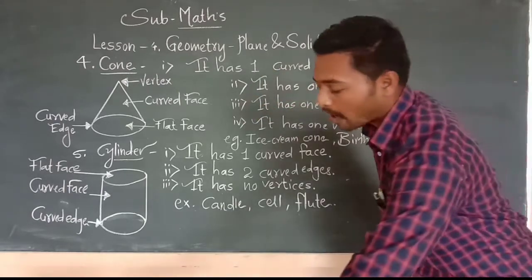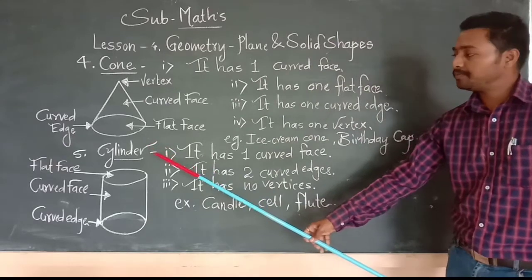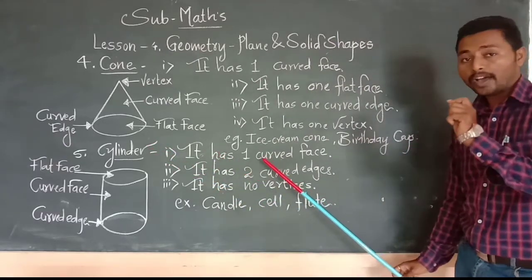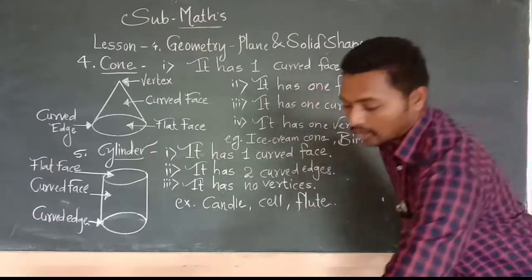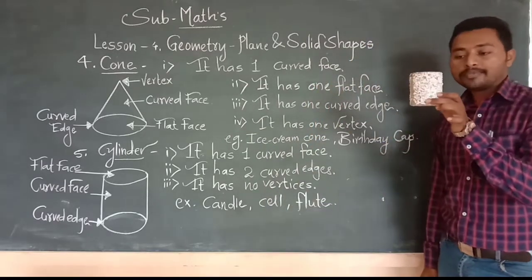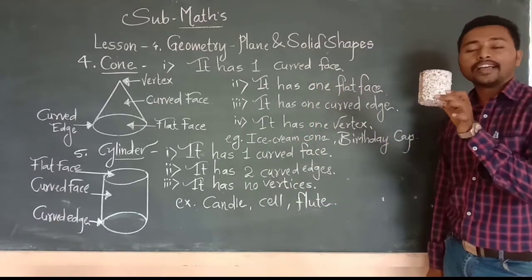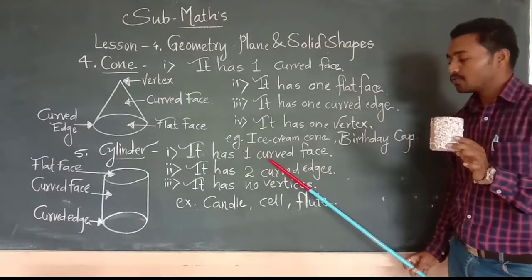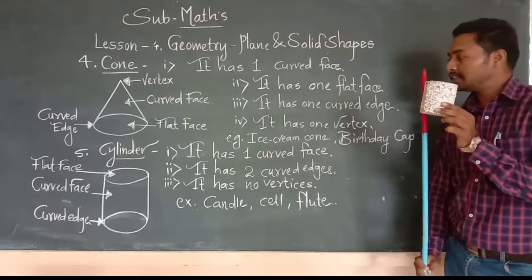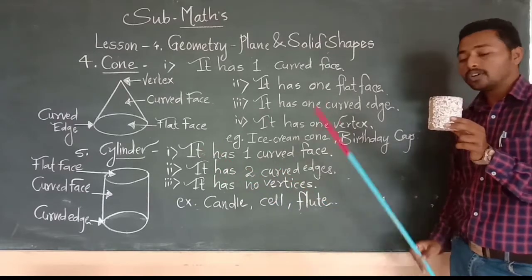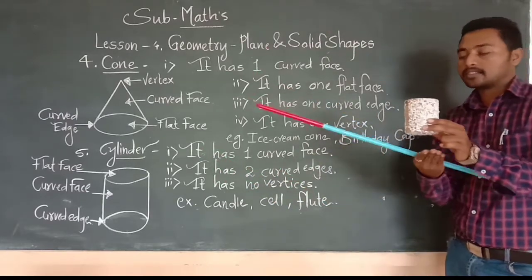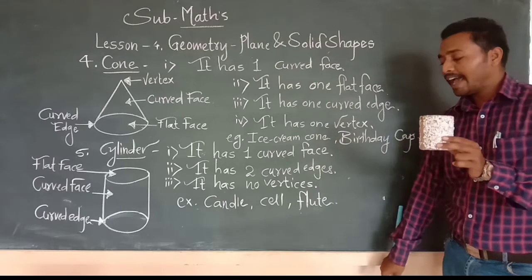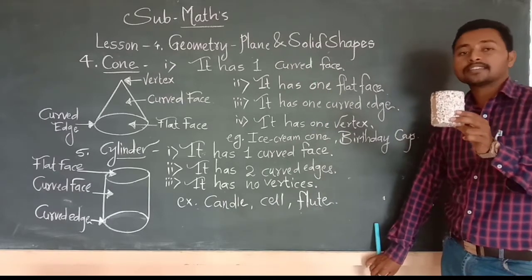And next, point number 5, cylinder. It has one curved face. This object follows all the conditions of a cylinder. Second, it has two curved edges and it has no vertices.